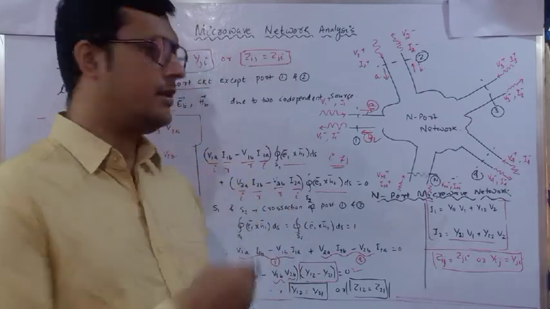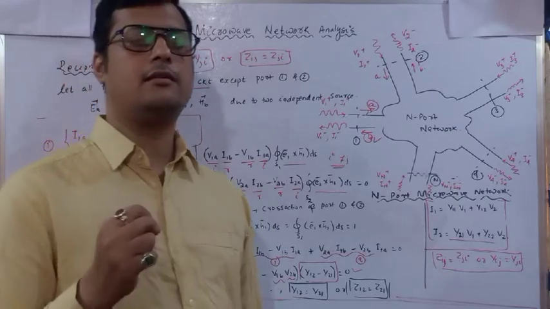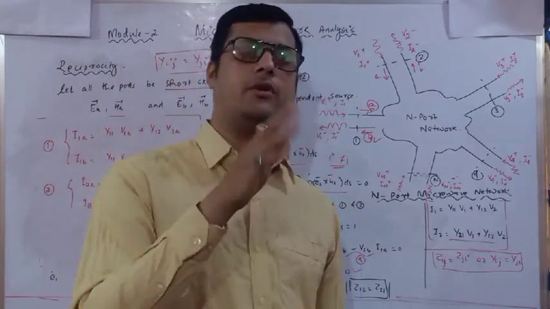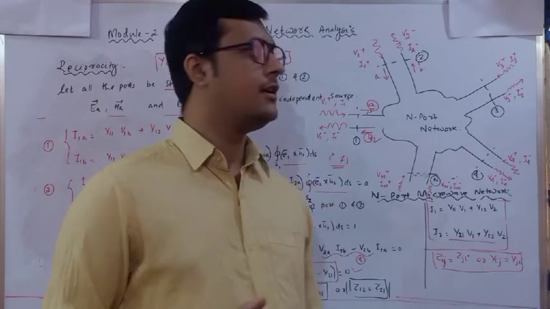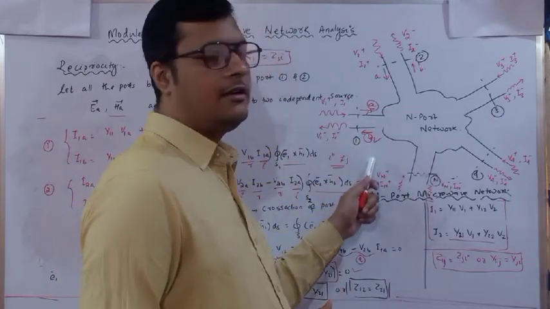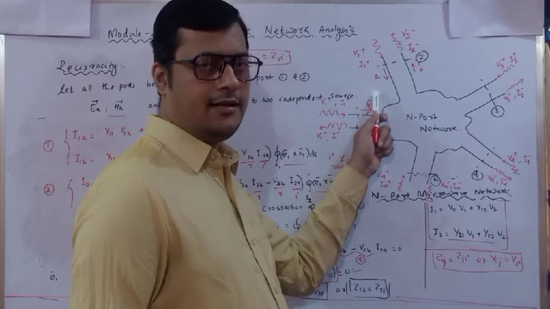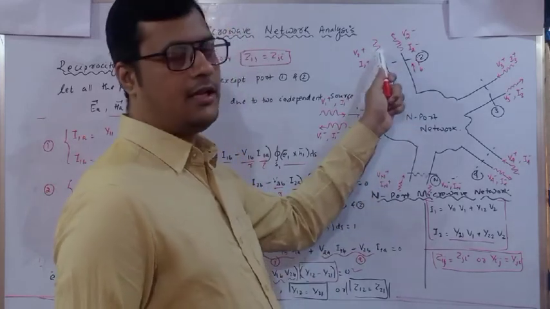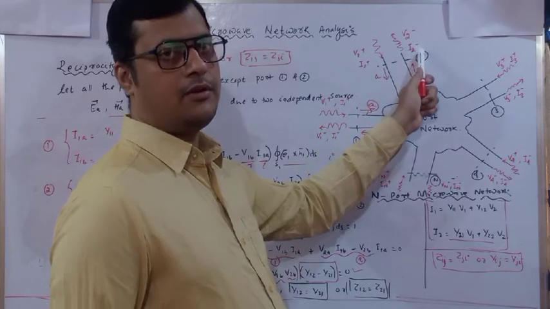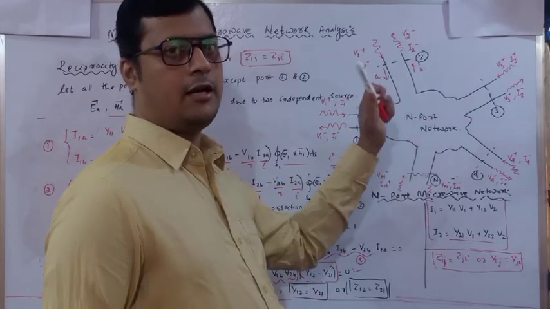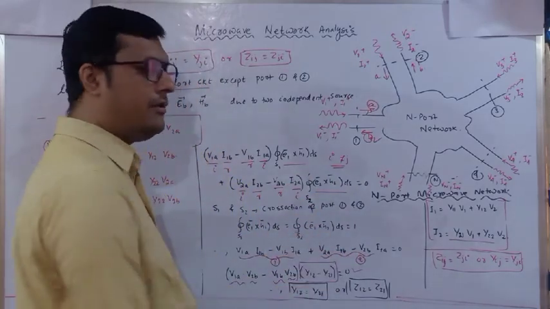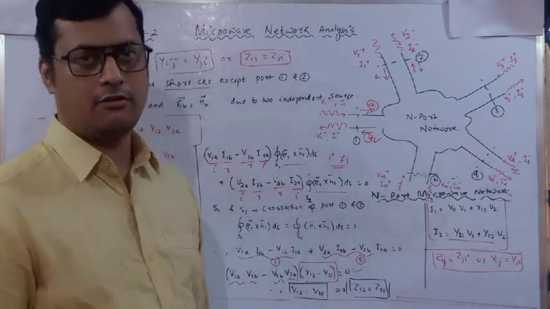For the two-port network, the reciprocity theorem in terms of electric field and magnetic field is converted into potential and current relations: incident potential, reflected potential, incident current, reflected current for port 1, and likewise for port 2. With the help of this sort of relation, we have proved the reciprocity theorem.